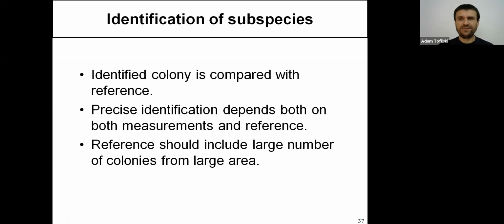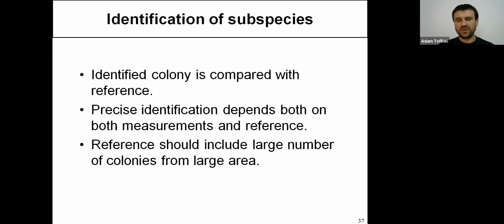And the reference is the group of bees, the colonies, which are used as an example for each of the subspecies. Normally you need to measure lots of wings from many subspecies, and then you have the references. And the reference is good when there are many colonies from the whole range of the subspecies, not from a single location.